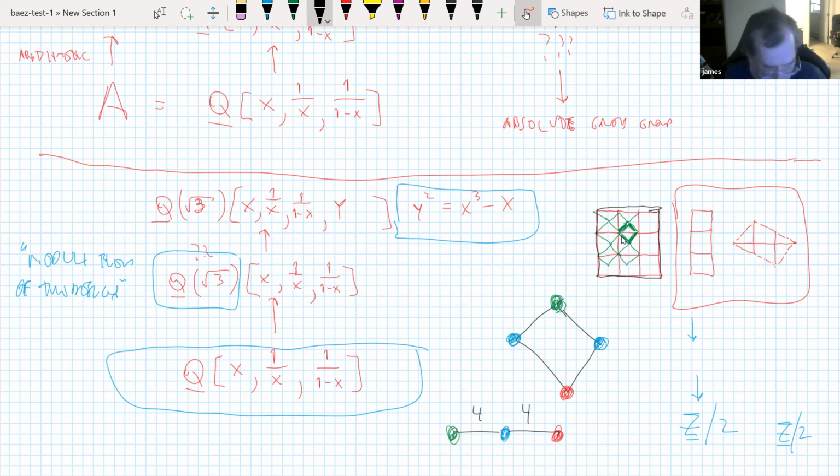So there's an 18-element group there. I mean, it's like an arithmetic Galois group acting on a geometric Galois group. Is that right?